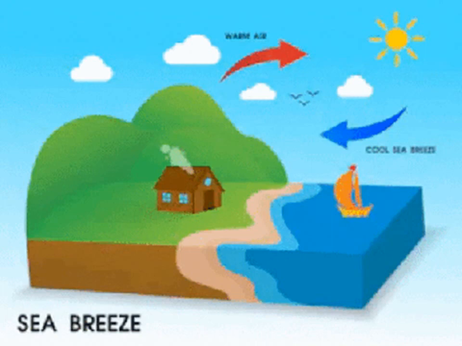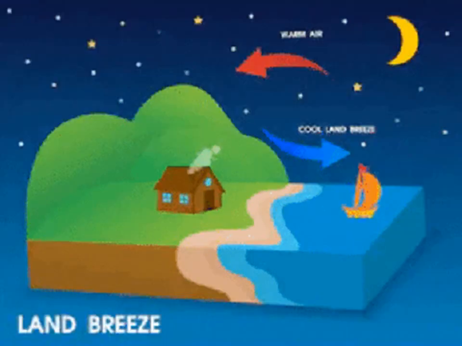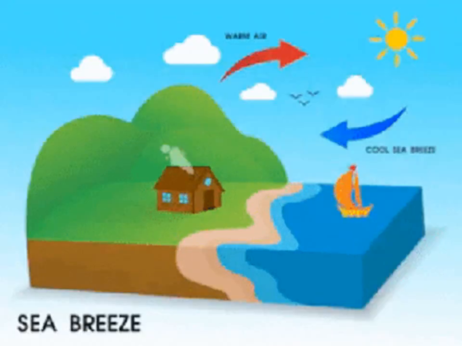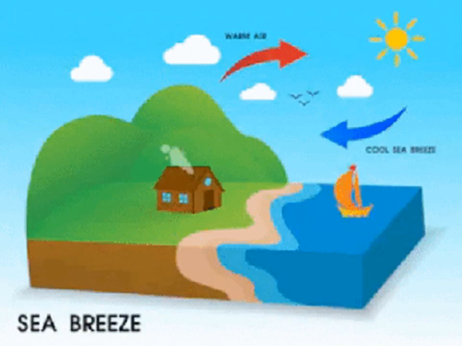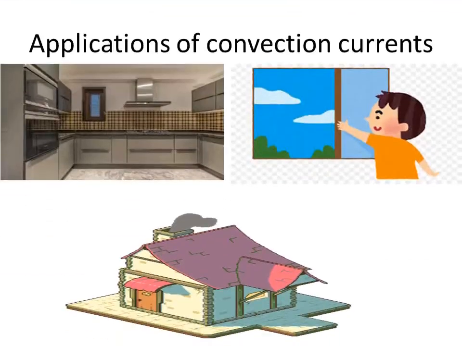Students, in a previous class, I think you have learnt about sea breeze and land breeze, isn't it? So next we will check what are the applications of convection currents. Students, exhaust fans in kitchens are always fitted high, right?